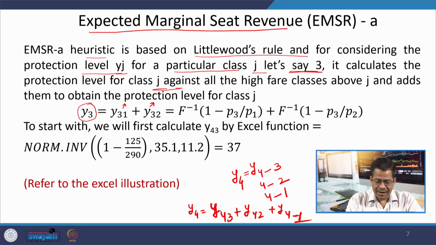of these things. So, if there is a situation where more classes are there, you have to do this calculation for all those classes with respect to the present class, and then the summation of that will give you the protection label. We have already seen in Littlewood's formula how the protection label for a particular class is calculated, because Y 3 1 or Y 3 2 are simply two class situations.